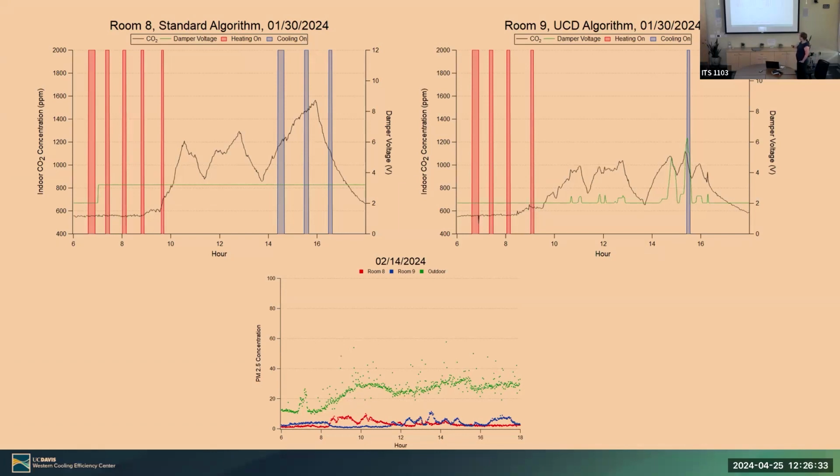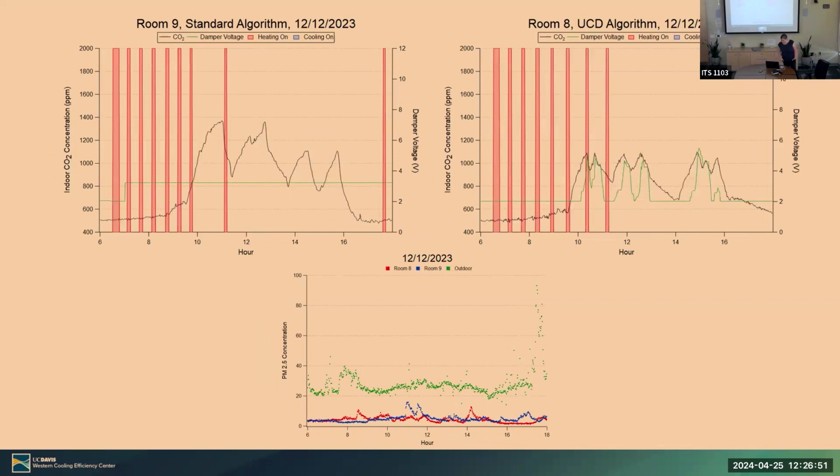The PM 2.5 was high on this day. And so the algorithm is using enough ventilation to stay at 1,000, but it's not economizing because of the PM 2.5.